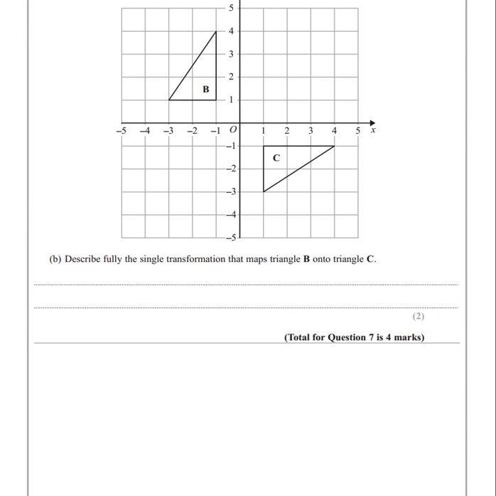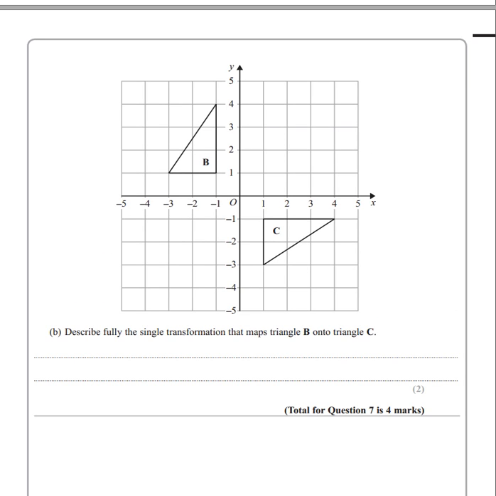The next question. Describe the single transformation that maps B onto C. Now transformations, we've got reflection, rotation, translation, I think that's it.